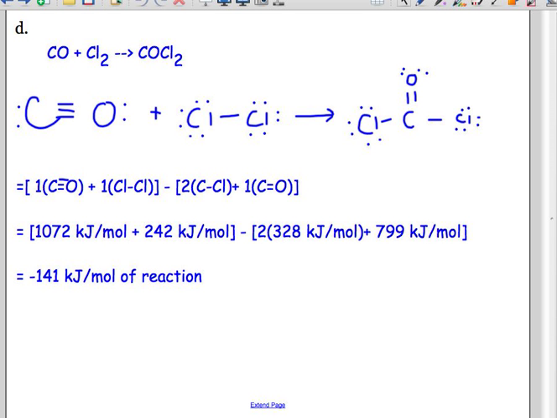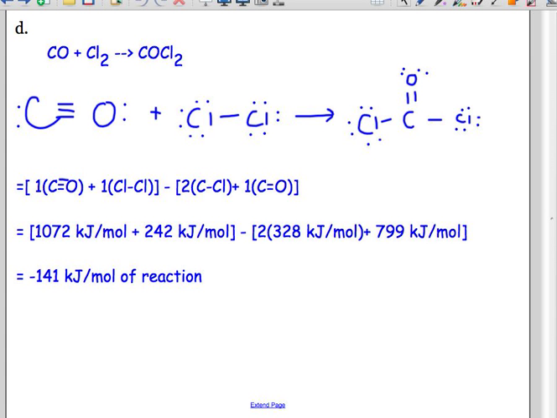Okay, I told you I'd be right back. I drew my Lewis structures so I know what my bonds look like. The trickiest one is probably carbon monoxide. If you don't draw your Lewis structures out, you would miss that triple bond and lose the points for it. So I'm going to break a carbon triple bond, break a chlorine to chlorine bond, and make 2 carbon to chlorine bonds and 1 carbon to oxygen double bond.